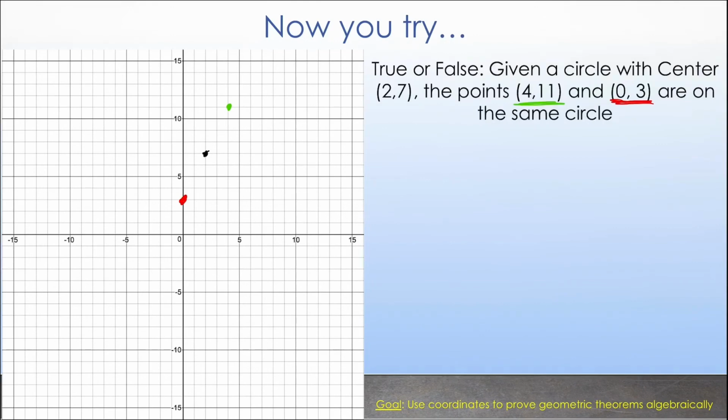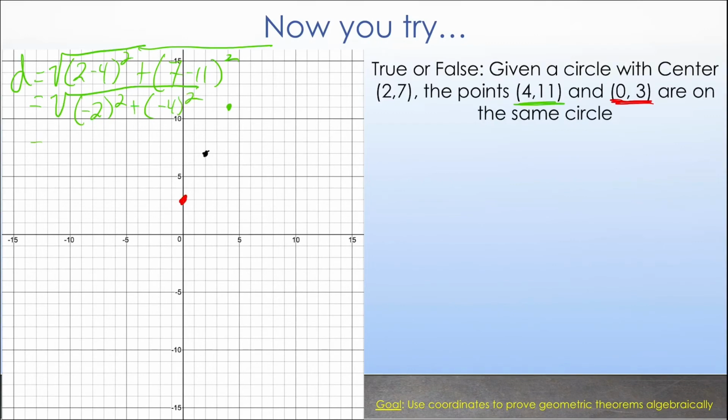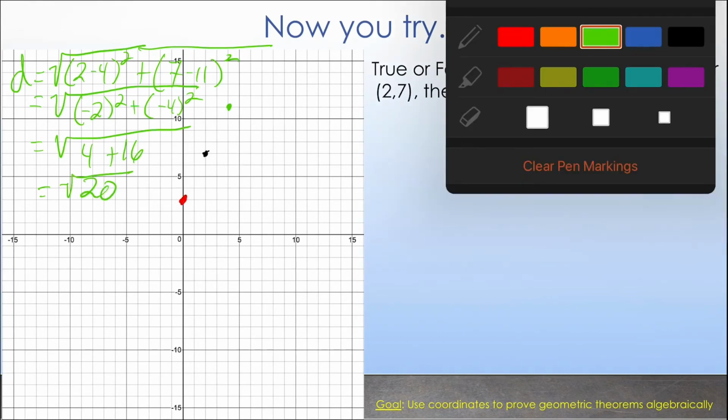Okay. All right. So my green distance is equal to the square root of 2 minus 4 squared plus 7 minus 11 squared, which is equal to the square root of negative 2 squared plus negative 4 squared. Square root of 4 plus 16, and we'd get the square root of 20. Okay, so there's that one.